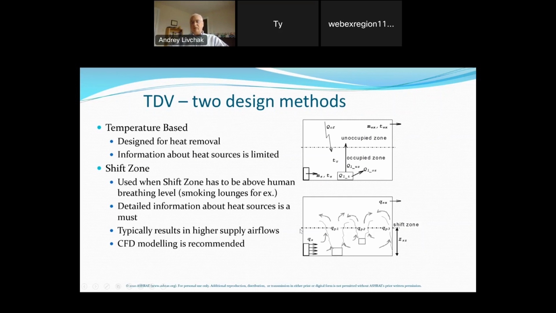It makes sure that we maintain the shift zone above the occupied zone. So all the contaminants are stratified into the unoccupied zone above the occupied zone, and not recirculated back into the space. For this method there are also empirical methods, but we would recommend using CFD modeling to calculate displacement ventilation utilizing the shift zone principle.